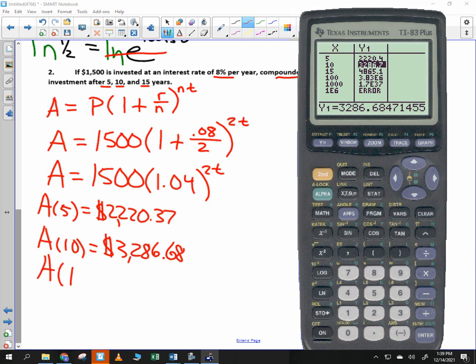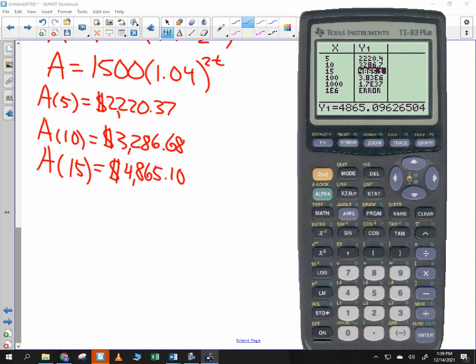And if she waits 15 years for her nephew to turn 15, she can buy him a car for $4,865.10. It's very nice of you, Maddie, to buy a car for your nephew.